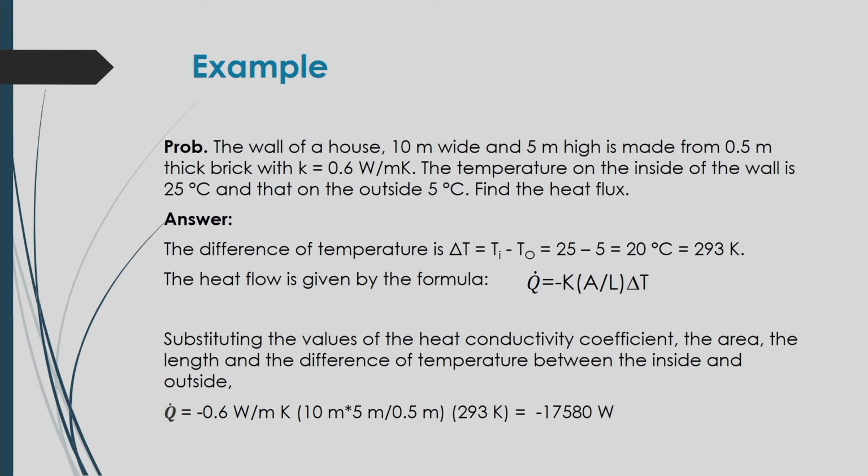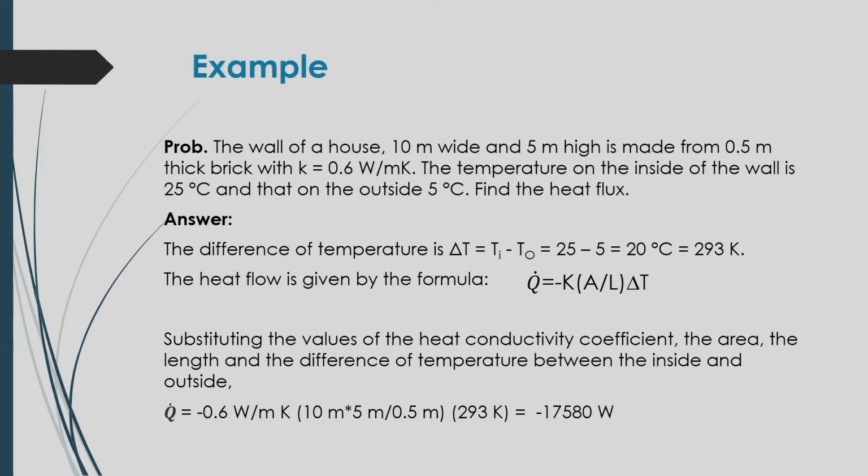Let us do an example based on this. Suppose the wall of a house is 10 meter wide and 5 meter high, made from 0.5 meter thick brick with thermal conductivity K equal to 0.6 watt per meter K, and the temperature on the inside of the wall is 25 degrees Celsius, and on the outside is 5 degrees Celsius. Now, in this case find the heat flux.